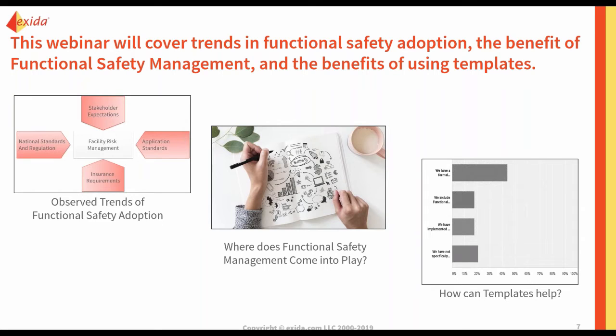That's where we look at functional safety management coming into play and how it functions together with the other aspects of the functional safety lifecycle. And lastly, we'll look at how templates can be used and the benefits of starting with them to develop the functional safety management plan.